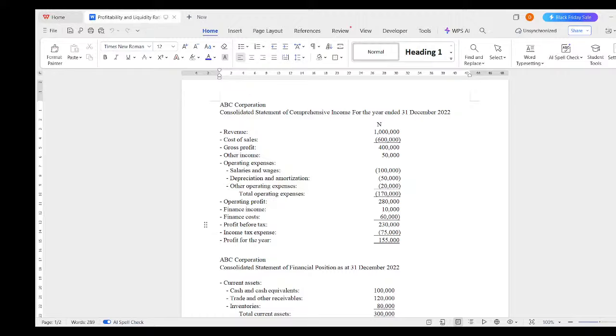Current assets, cash and cash equivalent 100,000. Trade and other receivables 120,000. Inventories 80,000. Total current assets 300,000. Okay, so let's move ahead.